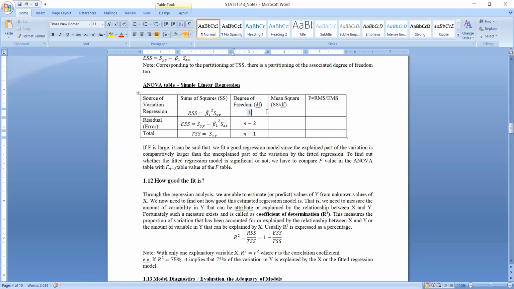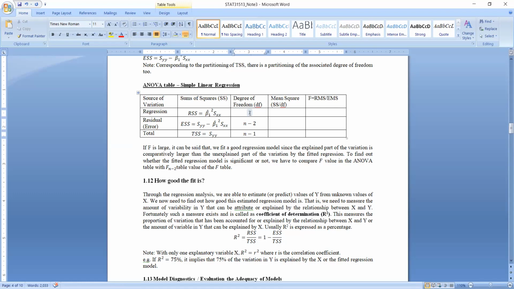But when we discuss multiple linear regression, this number changes: when you have 2 x variables, you take this value as 2. Since we have only 1, we denote it as 1 for simple linear regression.